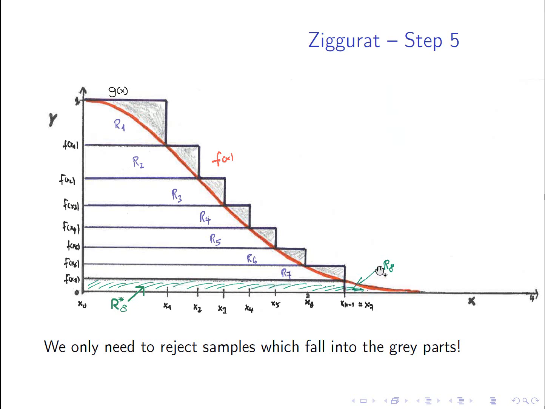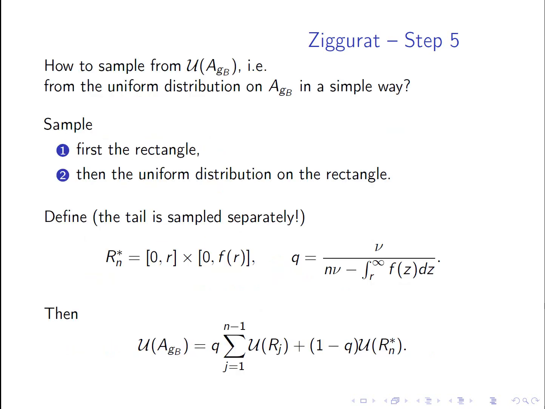So here the last strip, which is not R8 but R8 star, we don't pick with the same probability as the other ones. But this can be fixed really easily. So we just have to modify the sampling of the index.